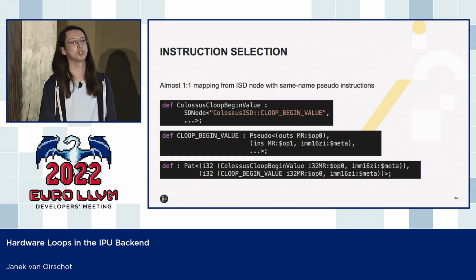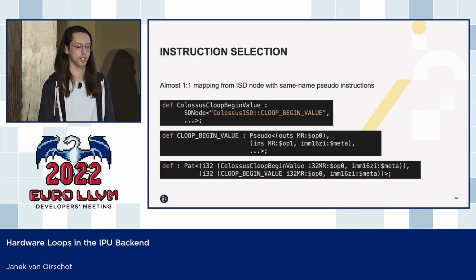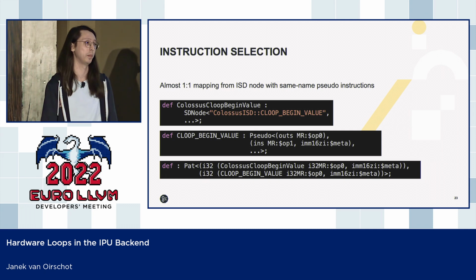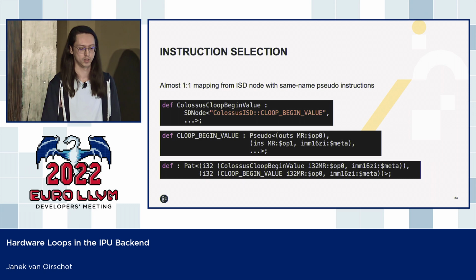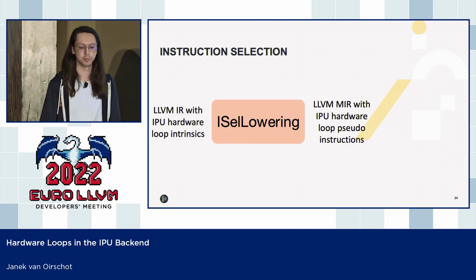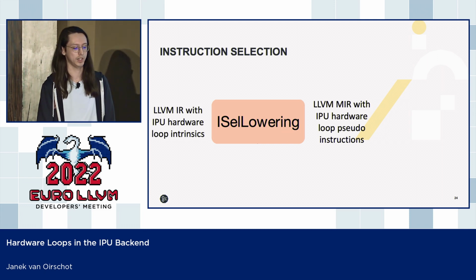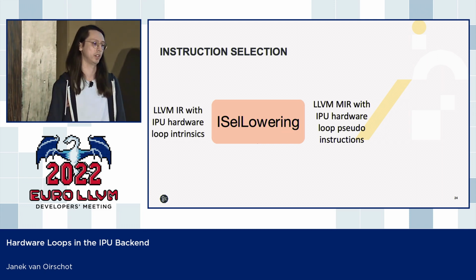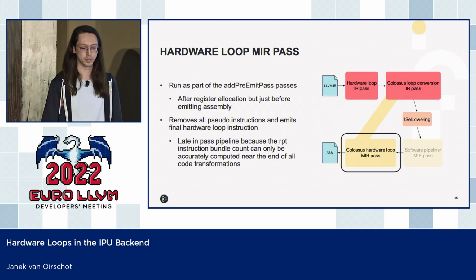So we take the ISD nodes and lower them into pseudo instructions of the same name. The mapping is almost one-to-one. We just switch around some operands occasionally, but we don't add or remove any information at this stage. So it's a one-to-one conversion. So in conclusion, ISel lowering takes LLVM IR with IPU hardware intrinsics and emits the LLVM MIR with the IPU hardware loop pseudo instructions.